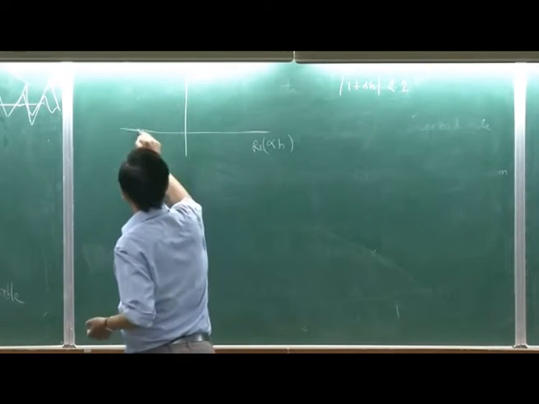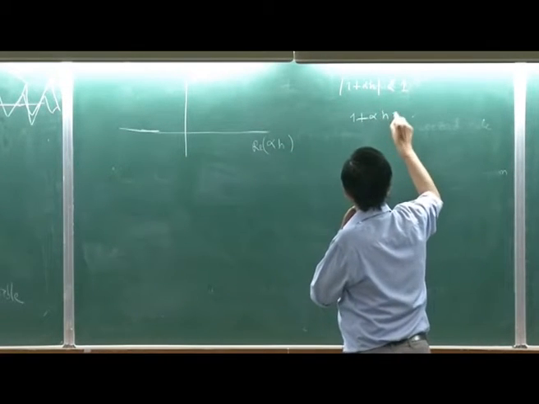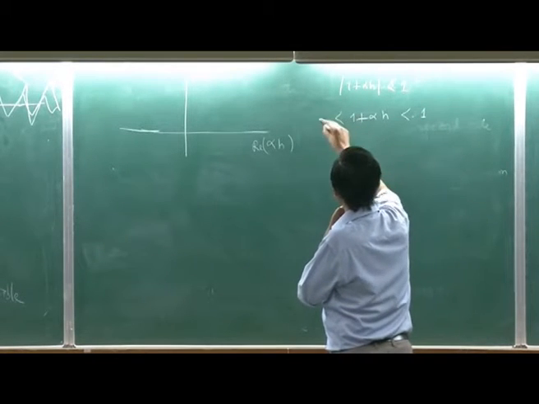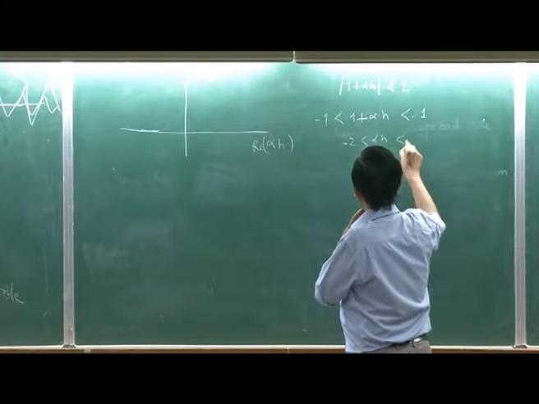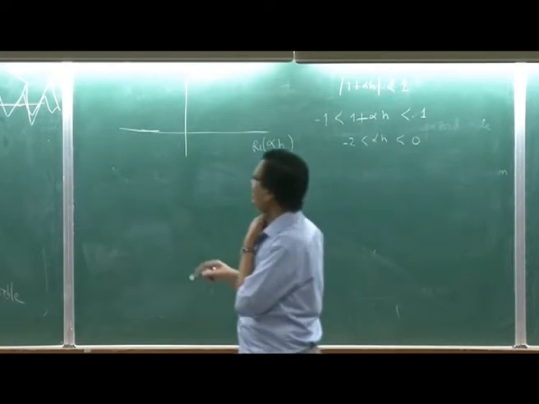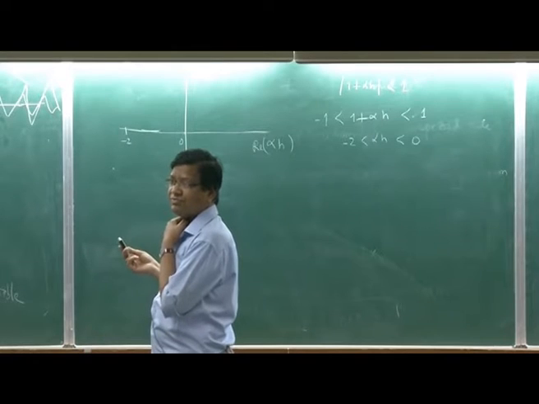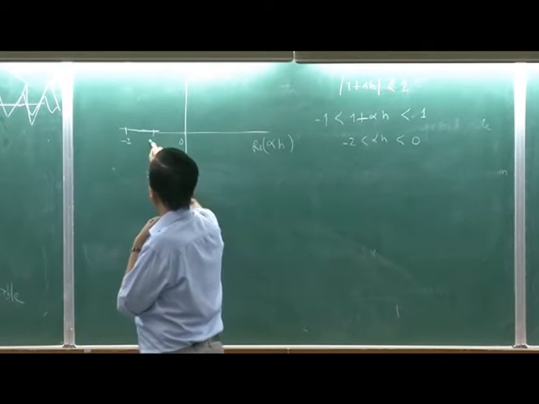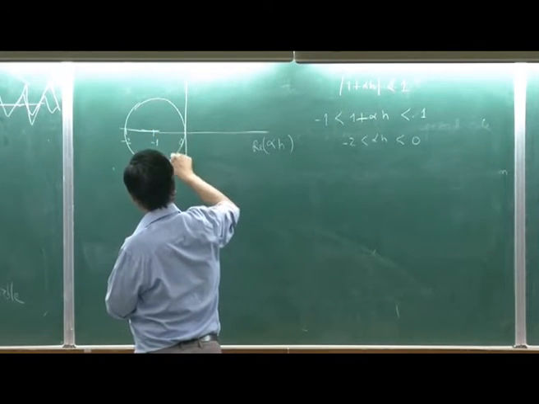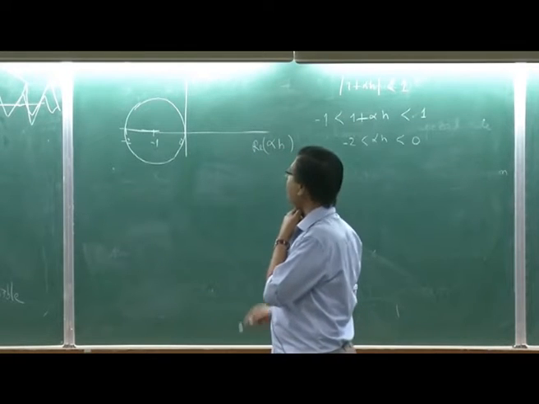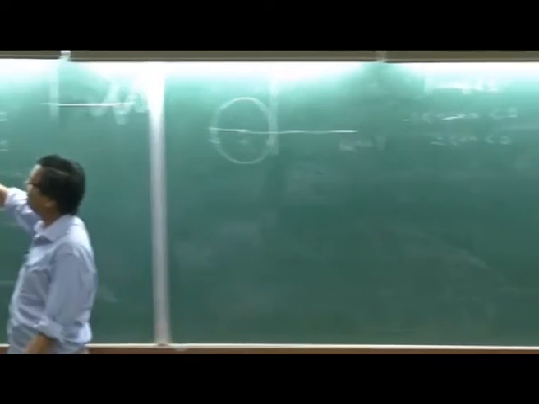To see that, let us think only on the real line. On the real line it is going to be 1 plus alpha h is less than 1 but greater than minus 1. So alpha h is greater than minus 2, less than 0. On the real line, it lies between minus 2 and 0, and it is a circle with center minus 1. So this region of stability is this. Okay. So this is the region of stability for the Euler scheme. Of course, my equation is of this sort.